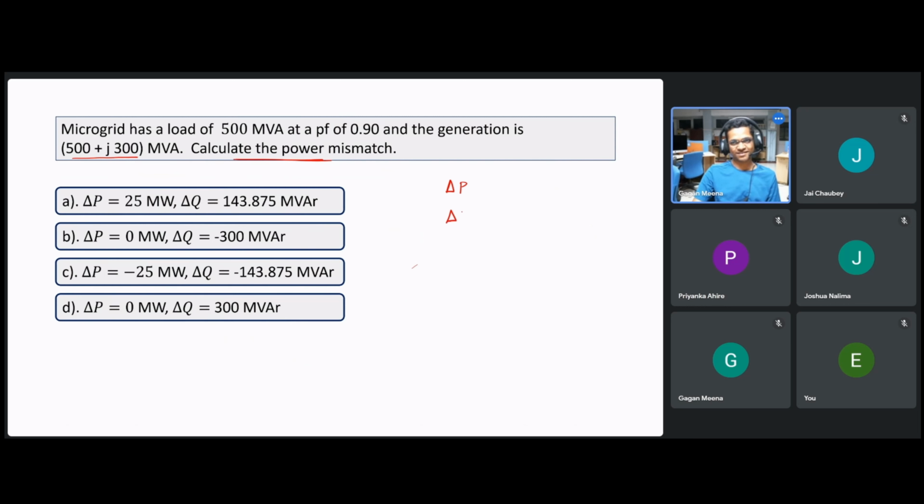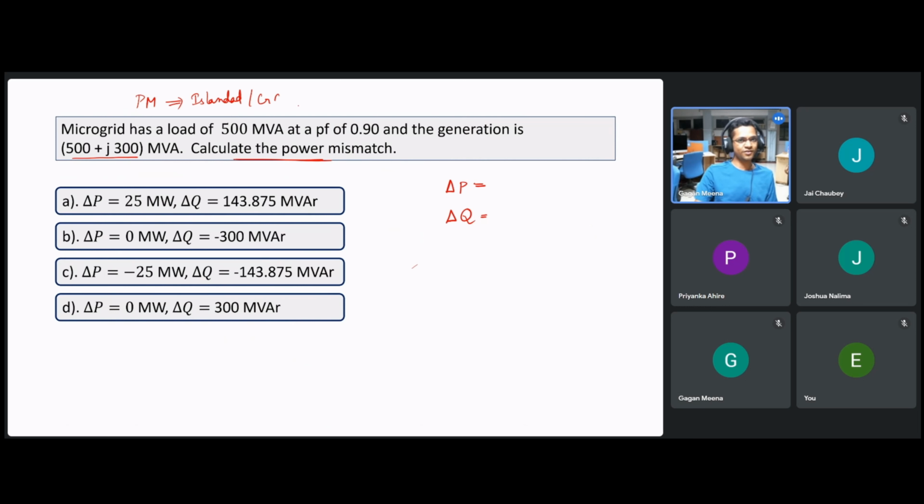So anyone, can you tell how we calculate power mismatch? So this power mismatch will be in which mode?